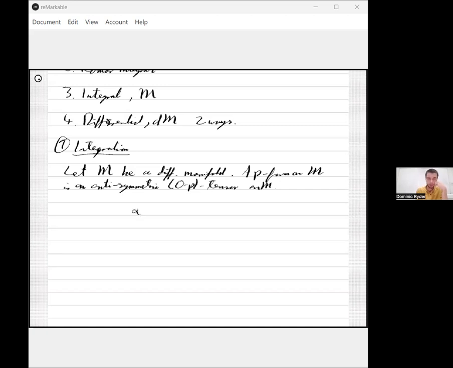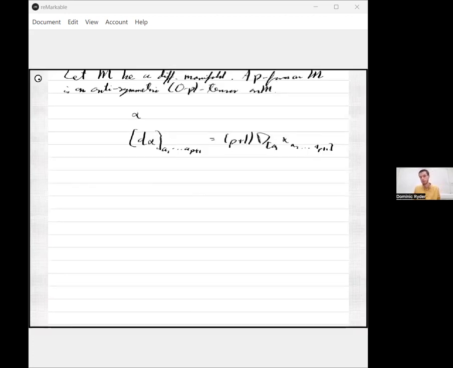Let's say alpha is our P form, as the exterior derivative is going to be d alpha, and indices are going to range from a1 to a_{p+1}. It's going to be (p+1) nabla, and then anti-symmetrize over all the indices. That's our exterior derivative. And it quite clearly is just what normal differentiation looks like.